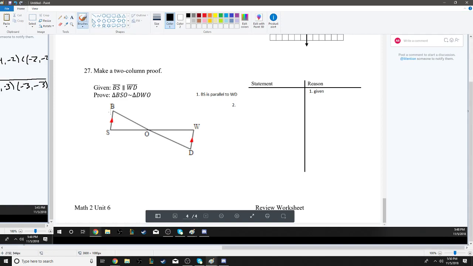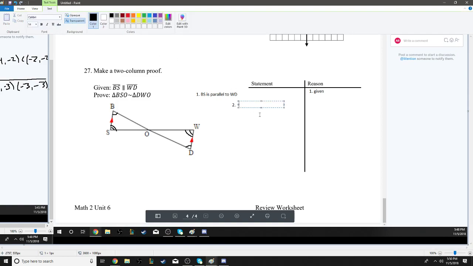Okay. If they're parallel, then that means these guys are congruent to each other. And these guys are congruent to each other. So you could say angle B is congruent to angle D. And the reason for that is by alternate interior angles.